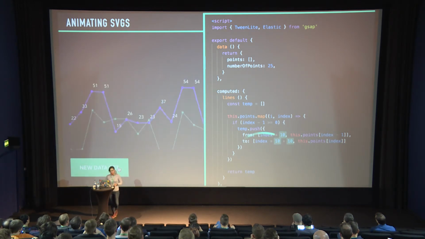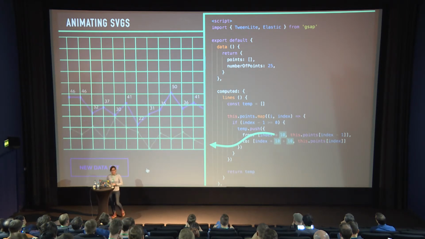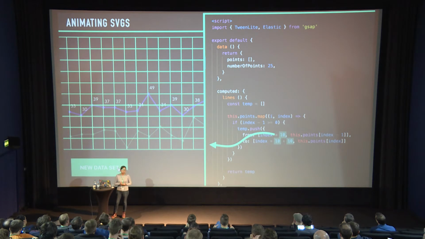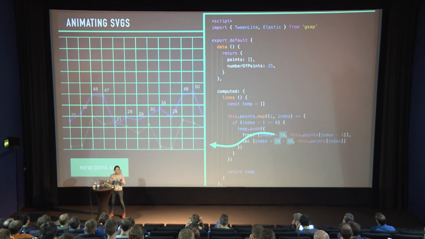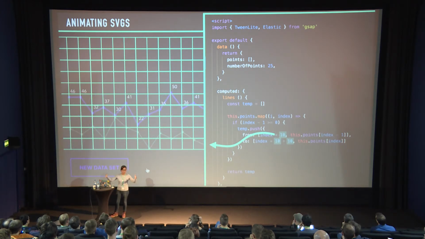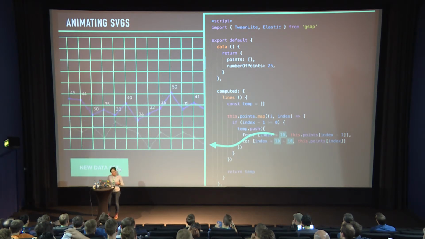So if you imagine that we are creating this chart based on a grid of 10 by 10 squares, multiplying the index of that item in the array by 10 is going to guarantee that we always have a 10 pixel distance from one data point to the previous one horizontally, which is exactly the same thing that we did with the floating button menu and also with the clouds. We are basically multiplying a number by the index to define its position.